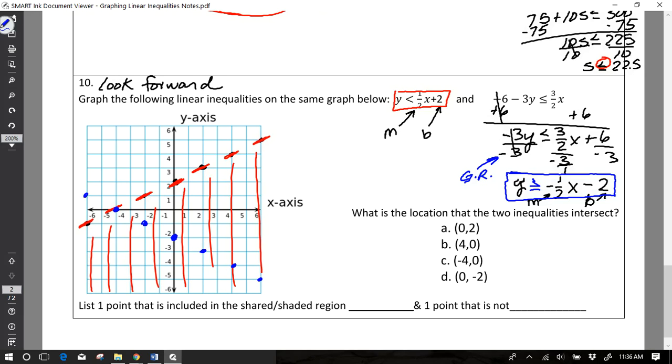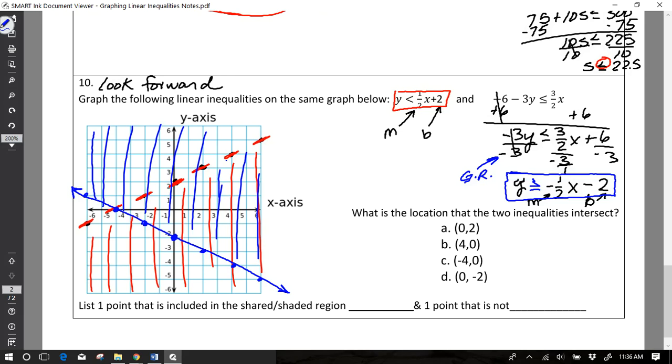This line is going to be a solid line because there is the little bar underneath. And this is facing the right, which means it's greater than. So this shading will go directly up and down.